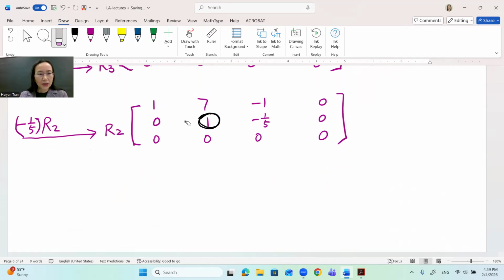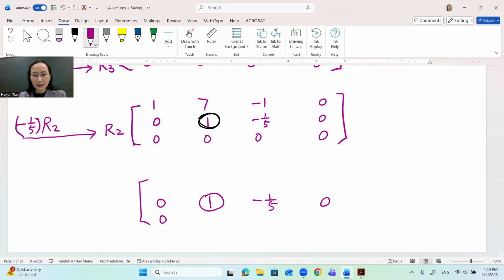So this time we are going to keep the second row, which is the row with the pivot, as is. The third row and first row will be replaced. So we replace R1, the first row, by a multiple of the second row.